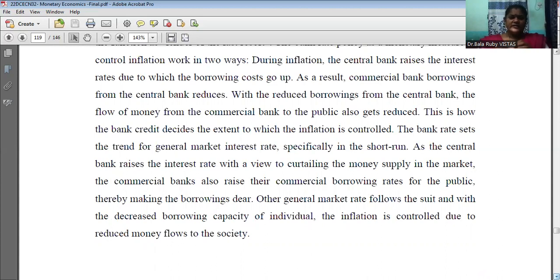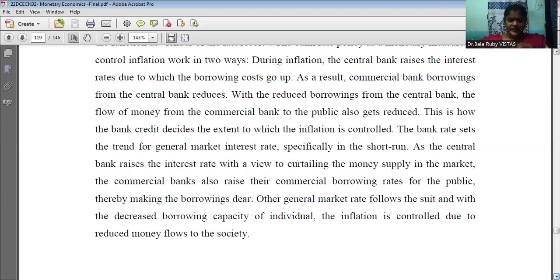The bank rate sets the trend for the general market interest rate, specifically in the short run. As the central bank raises the interest rate with a view to curtailing the money supply in the market, the commercial banks also raise their borrowing rates for the public, thereby making borrowings dear.